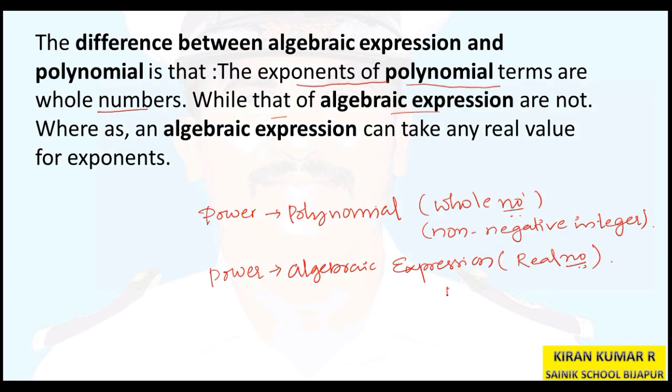That is, the power can be a fraction, something like 1 by 2, the power can be a negative fraction, minus 3 by 4, even the power can be an irrational number. These are all real numbers. The powers are real numbers in case of an algebraic expression. The powers are whole numbers in case of a polynomial.